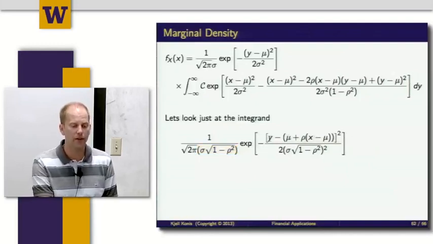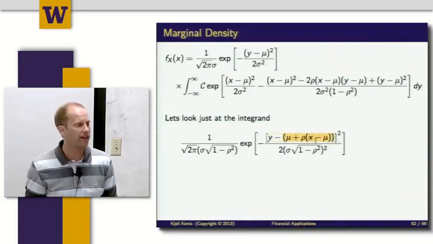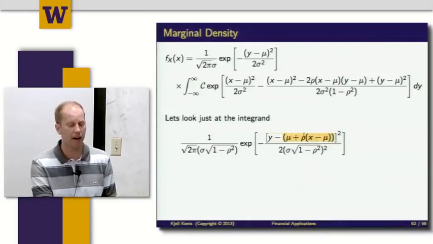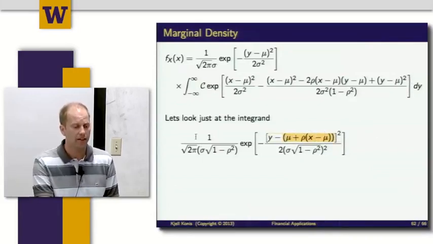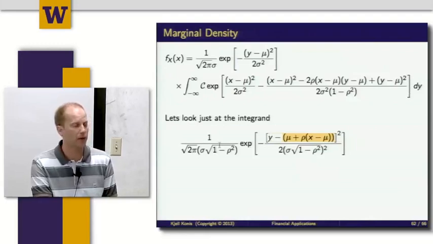And then in the numerator of the exponential part, I had y minus mu squared. And so now I just have y minus something, but I'm integrating with respect to y, and this doesn't have any y's in it, so that's effectively a constant. So this is actually a normal probability density function, just with a different mean and a different standard deviation.